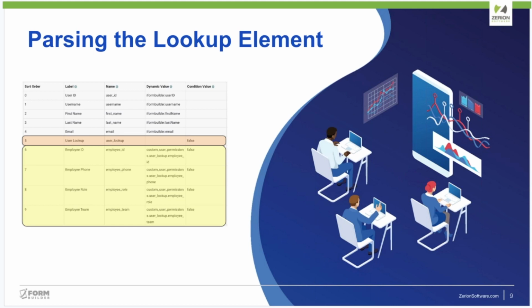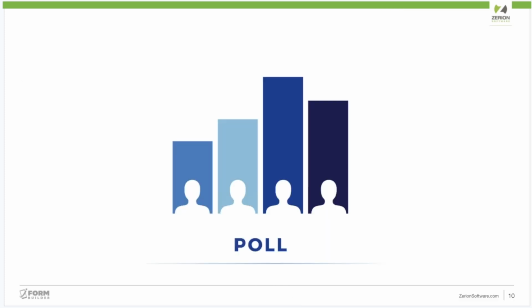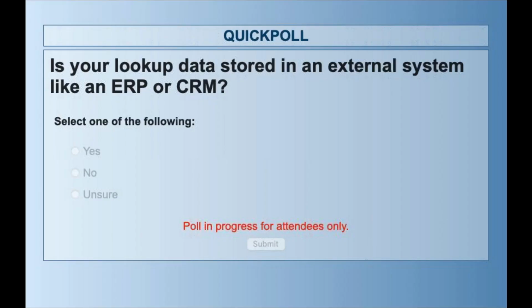So at this point, I did have one other poll that I prepared that we can ask the audience, Barrett, if you can tee that up. Yep, it's loaded. Awesome. And I'm just curious, and I know some of the people in the webinar were not sure if they had a use for these custom fields, but for those of you who are, and maybe you have a better idea now and you've actually changed your vote to a yes, I'm just curious if that lookup data is stored somewhere in an external system, something like an ERP like SAP, or maybe a CRM.